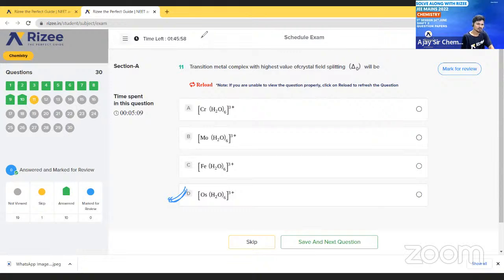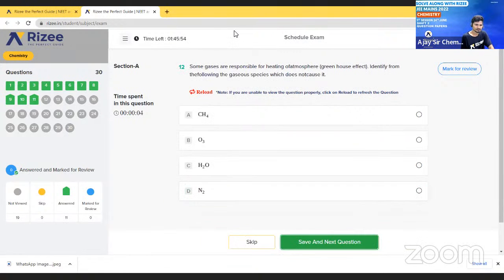Okay, let us go to the next question. What is the next question? The gases responsible for the heating of the atmosphere, the greenhouse effect. Very simple question. This question is asked from environmental chemistry. Identify the following gaseous species which does not cause it.